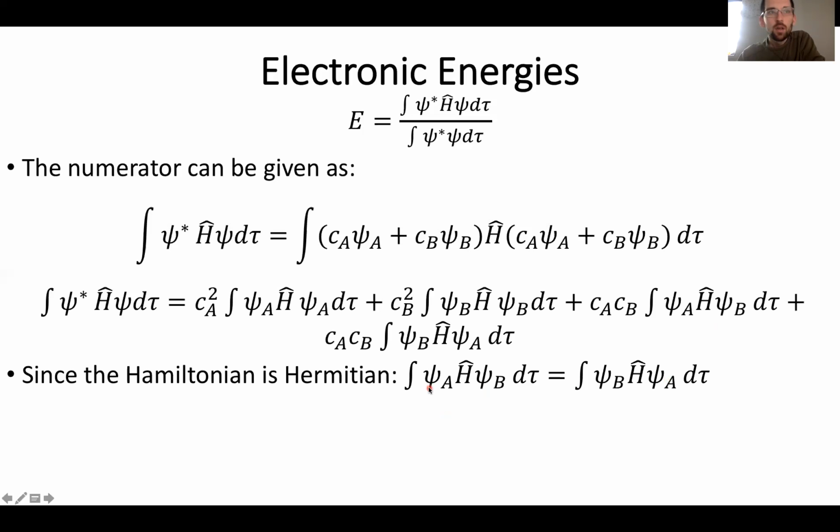So thus, the order in which we're applying the Hamiltonian to A or B doesn't matter as long as the 2 functions are symmetric. So B and A and B. This wouldn't work if it's B and A and C or anything like that. But as long as the 2 functions are identical, the order in which I apply them doesn't matter. Gotta love Hermitian operators. And the beauty about that is that it lets us combine these 2 last terms.